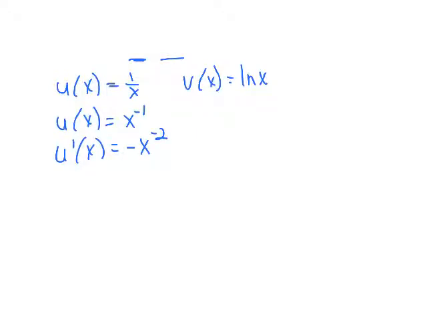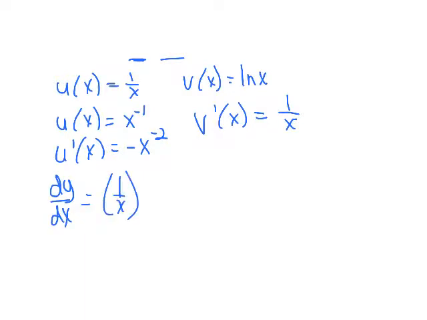And then v prime is going to be 1 over x. So when I put everything together, dy dx, u of x is 1 over x, v prime is 1 over x, plus u prime.